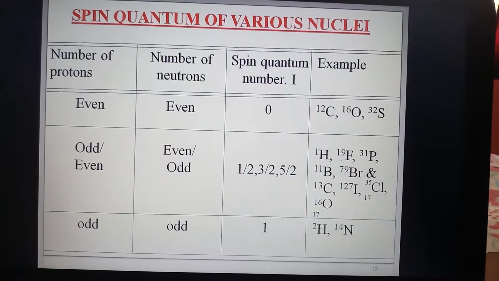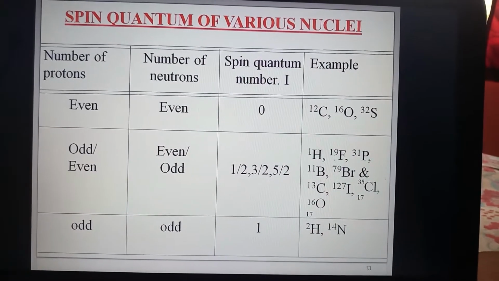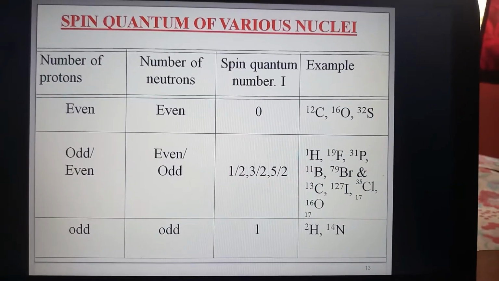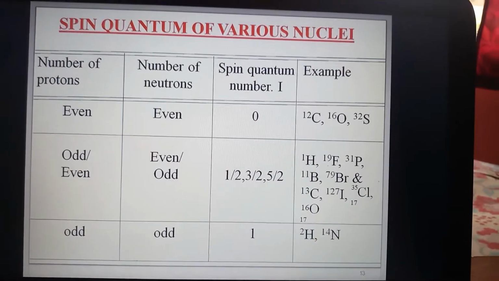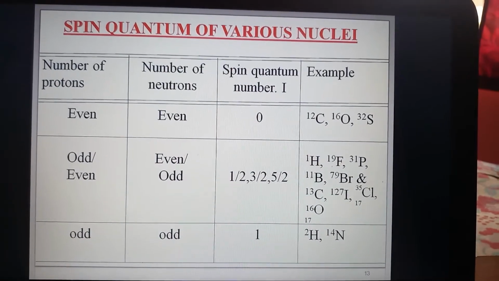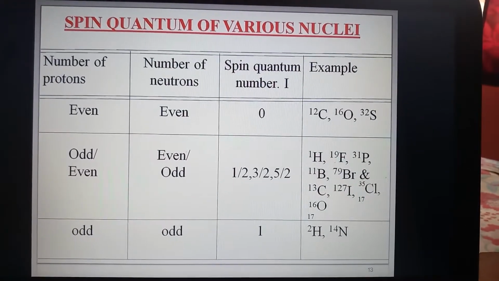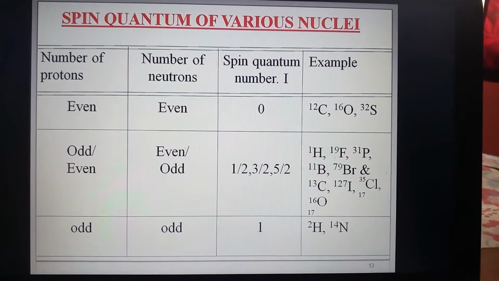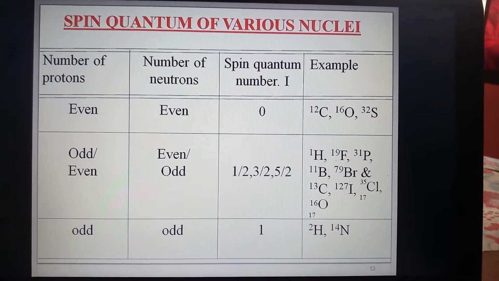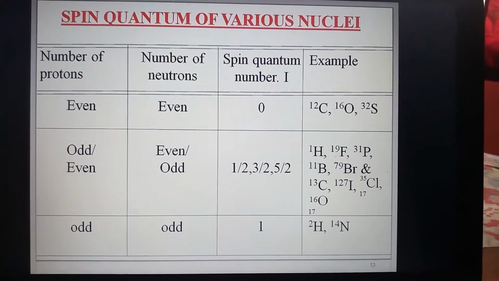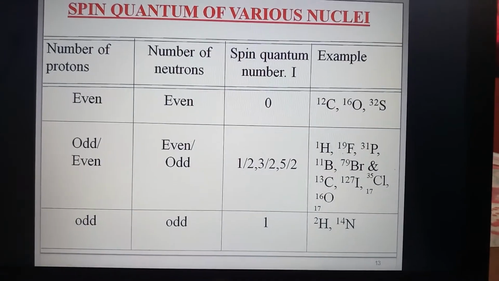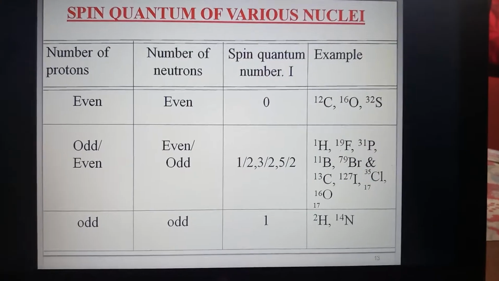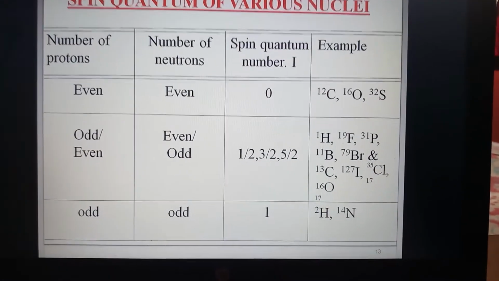If the number of protons is odd or even and the number of neutrons is even or odd, the spin quantum number I is half, 3 by 2, 5 by 2, as in the case of proton, our hydrogen, 19F, 31P, 11B, 79Br and 13C, 127I, 35Cl17, 17O, etc. And if the number of protons is odd and the number of neutrons is odd, the spin quantum number is 1, for example deuterium and 14N.